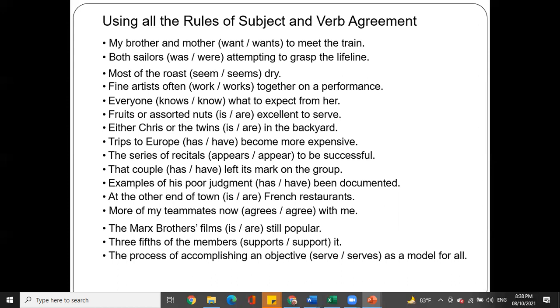Is that it or they? It. The process is it. So the verb has to have the s or es: serves. The process of accomplishing an objective serves as a model for all.